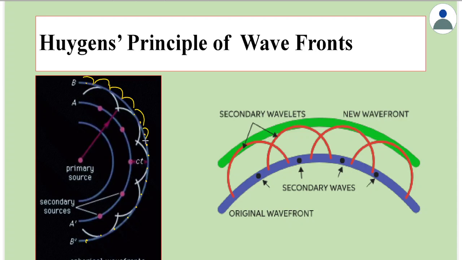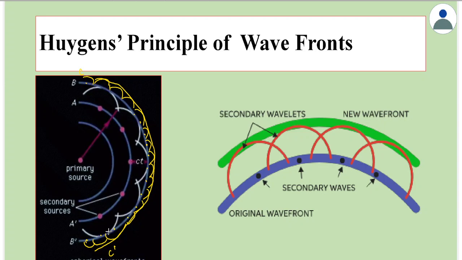A common tangent drawn to all of these would give one more wavefront, which will be spherical only, that you can call C dash. So for C dash, B dash acts as the primary wavefront.